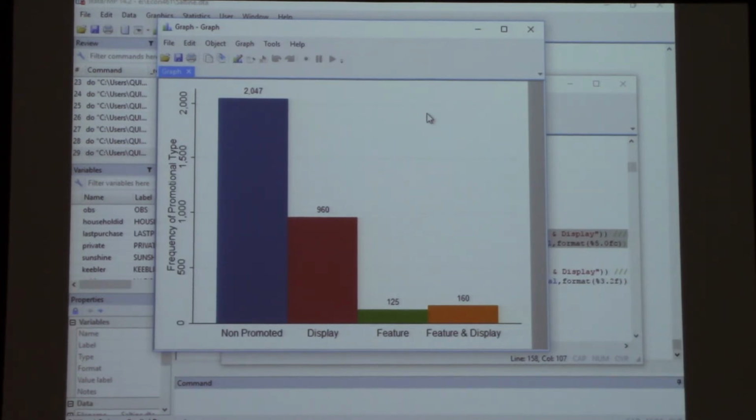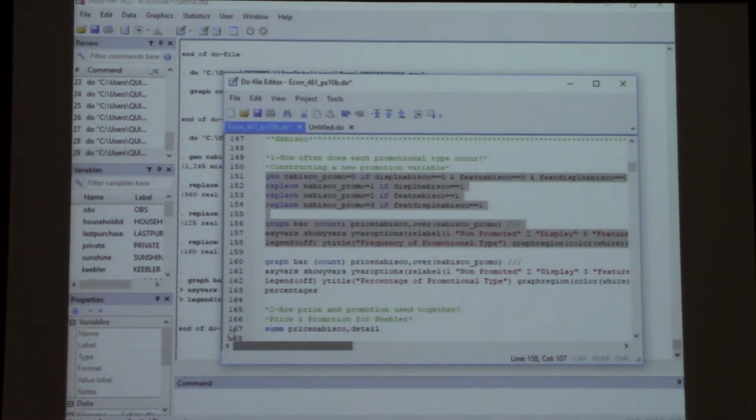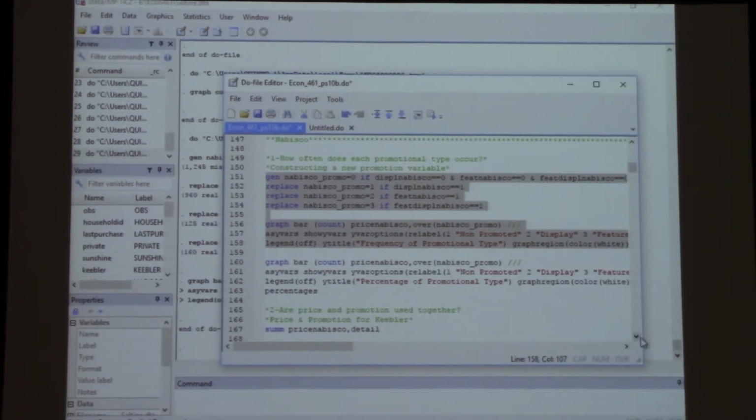Our small sample was 52 for feature. Here we don't have that problem. Our smallest sample is 125. And so it doesn't look like we're going to run into the same problem that we had with Keebler. And that's percent. Let's look at the prices.